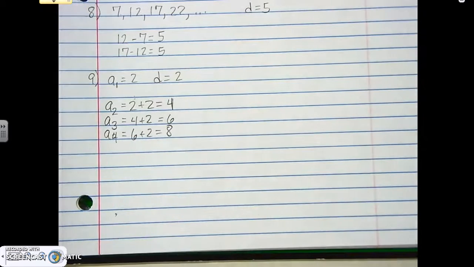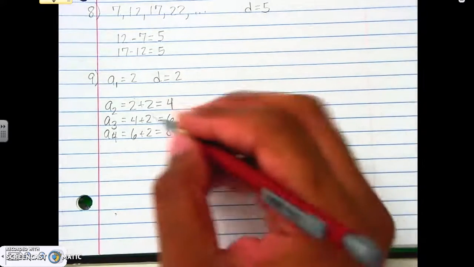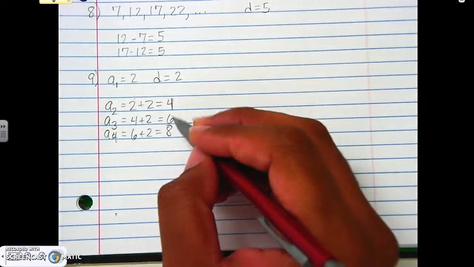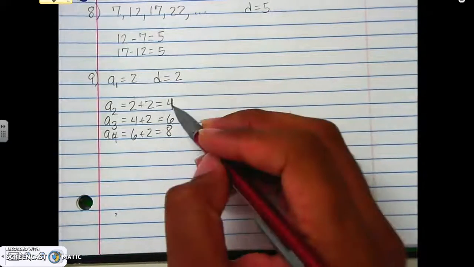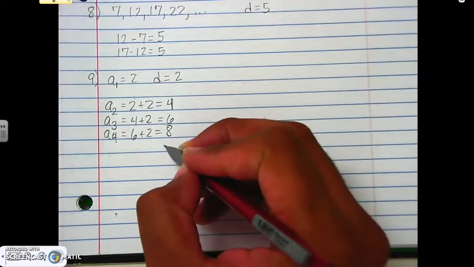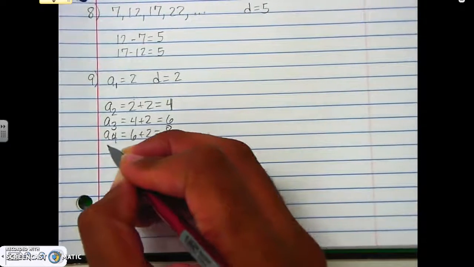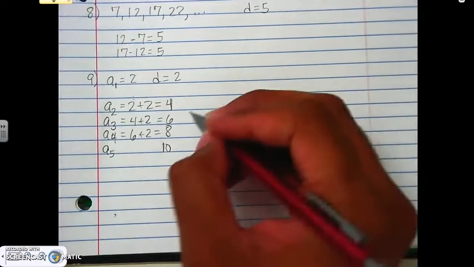And for the last one, again, if you can see the pattern that's flowing there, you don't have to work it out. You don't have to actually do this plus this or anything of that sort. You can just tell me what the sequence is. And so here, that's 2, 4, 6, 8. So that means the last one has to be 10, because it's following that same pattern, that same flow.